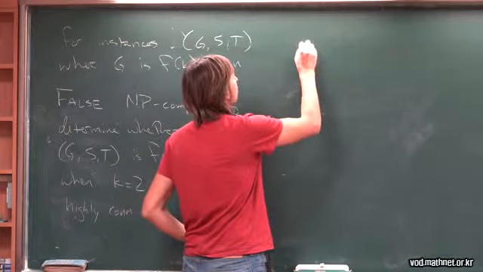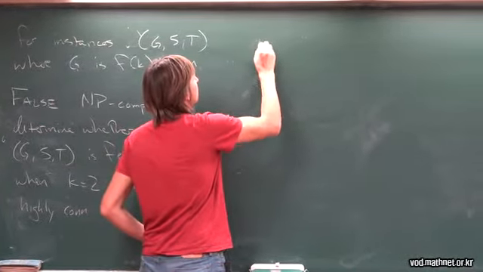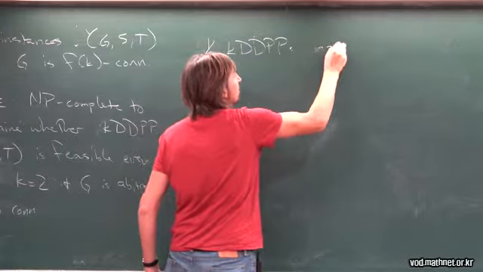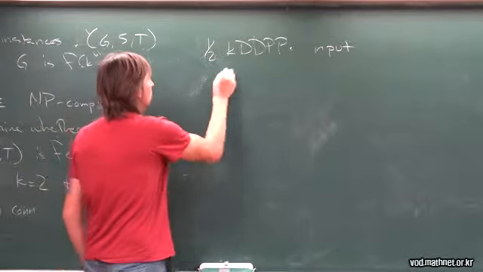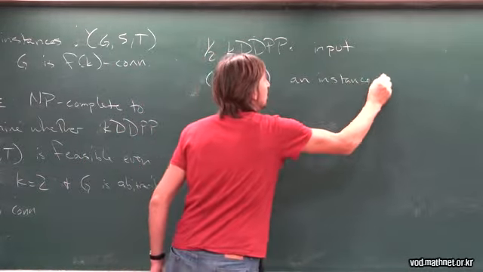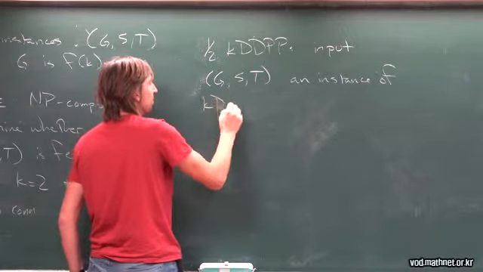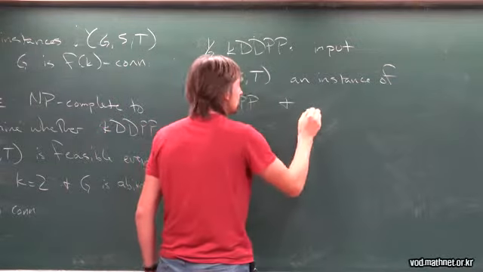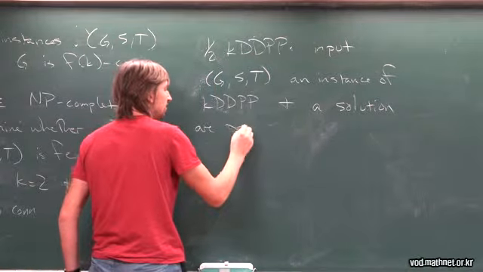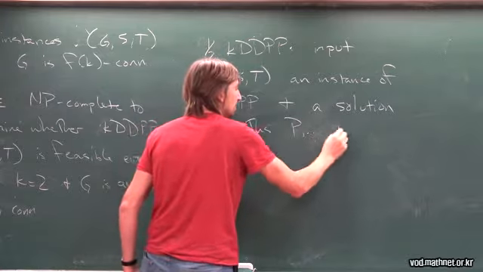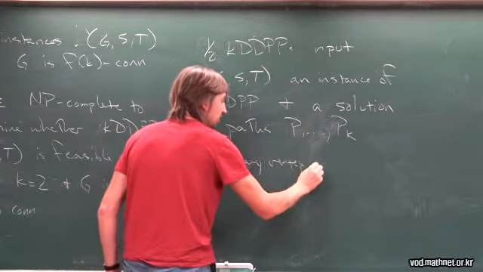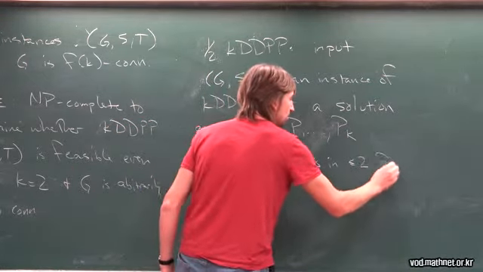So the half-integral disjoint paths problem, say the 1/2 k-DPP, you take as an input the same instance that we had before: G, S, T, an instance of the disjoint paths problem, and a solution now are paths P1 up to Pk again, such that every vertex is in at most two distinct Pi's.